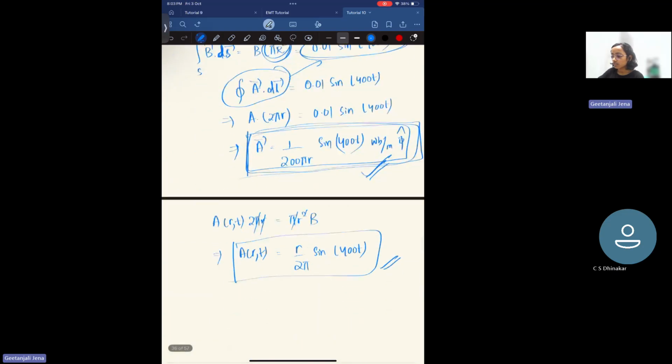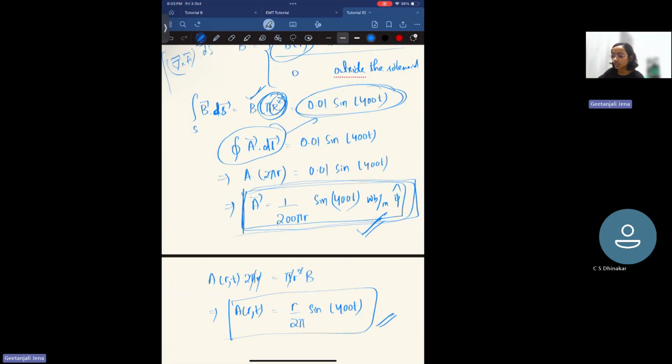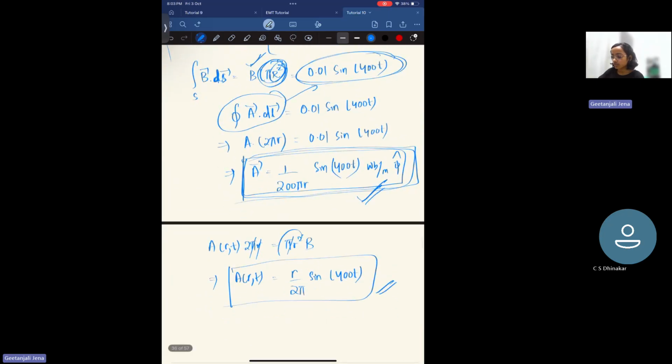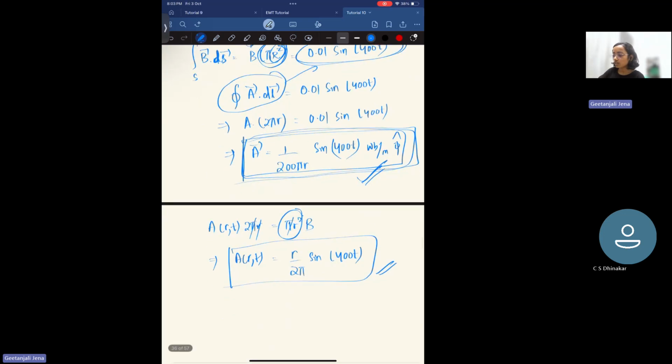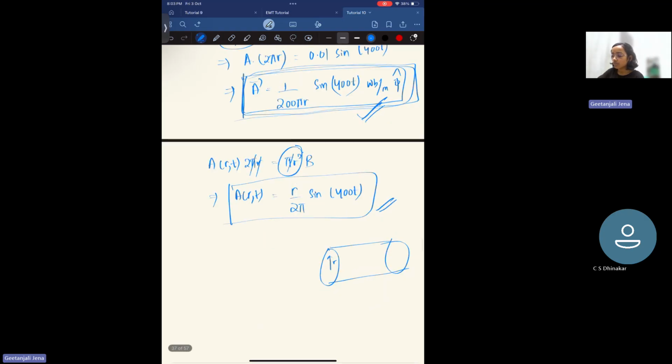So now the area is not capital R squared, it is small r squared, because we are considering a region inside this core. So the flux should be pi r squared B, and the vector potential is this expression. Okay. So is it clear now?